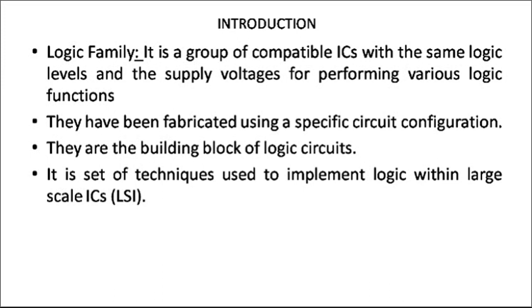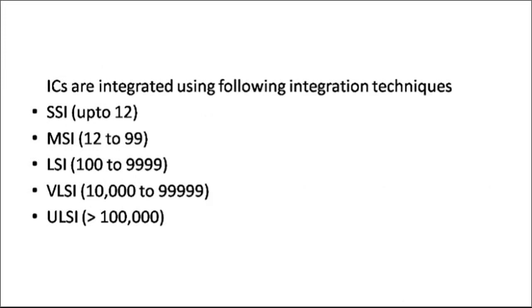Another classification depends upon how many components exist. For example, ICs are integrated using the following techniques. SSI, small scale integration, up to 12 components. Medium scale integration, 12 to 99. LSI, 100 to 9999.